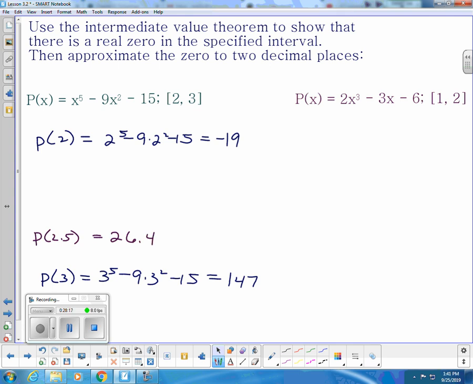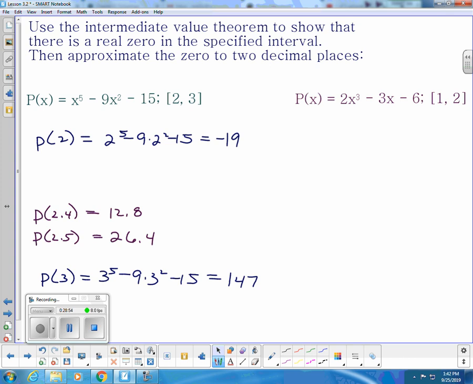What about 2.4? I'm at 12.8. So now we're almost even. One's negative 19, one's 12.8. Which is it closer to, 2 or 2.4? Which is closer to 0, p of 2 or p of 2.4? P of 2.4, right? So the answer is closer to 2.4.